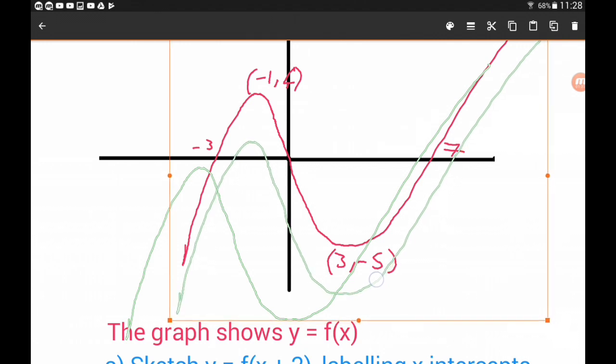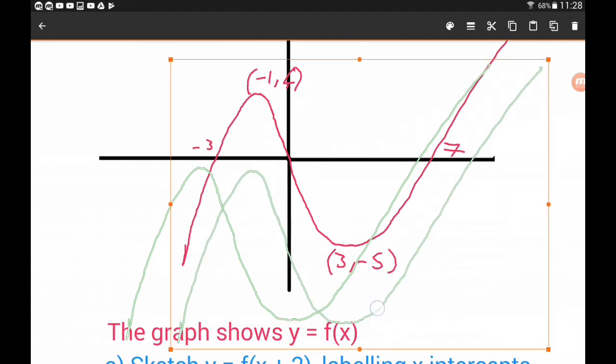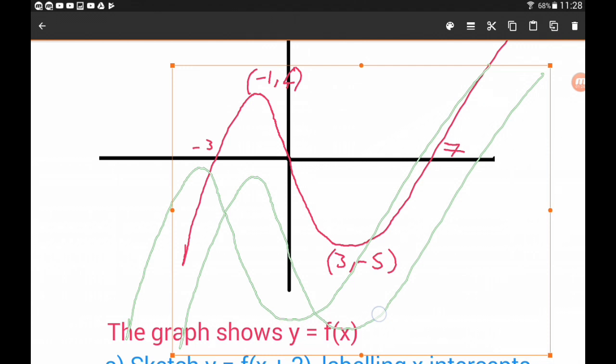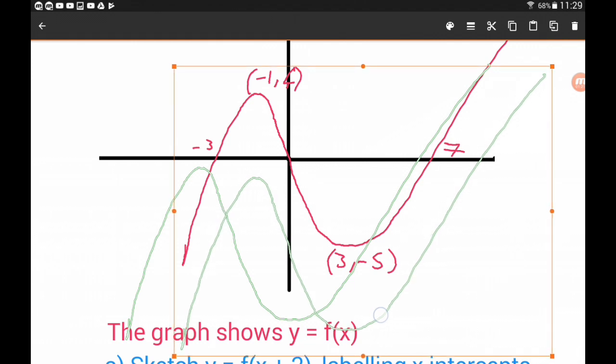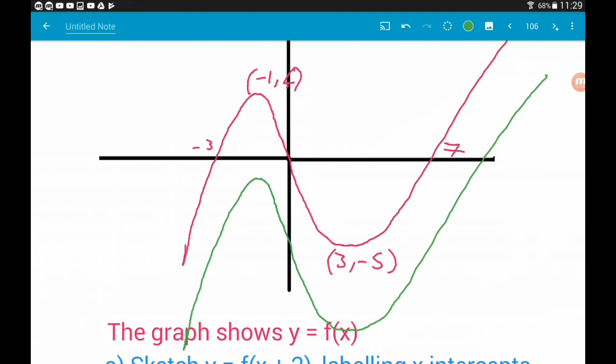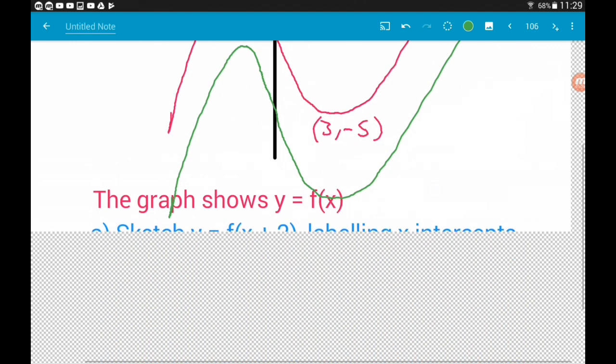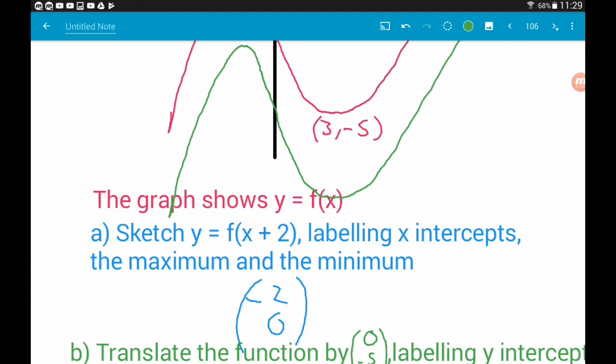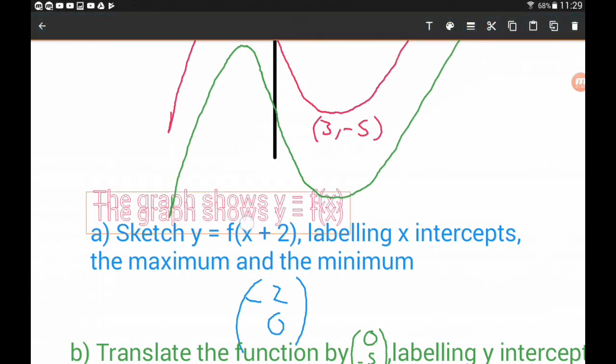Now we're translating by minus 5, so we need to make sure that the maximum is now below the x-axis. So something like that. Now we just need to label our points. Naturally stuff is in the way down here, so let's just move this.